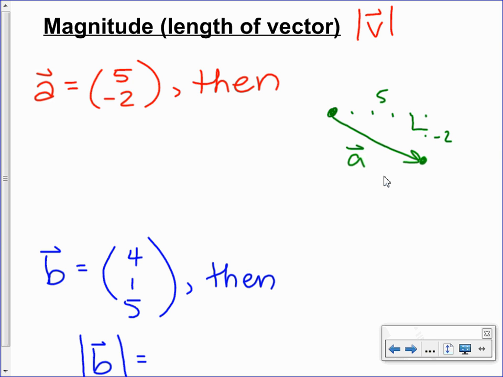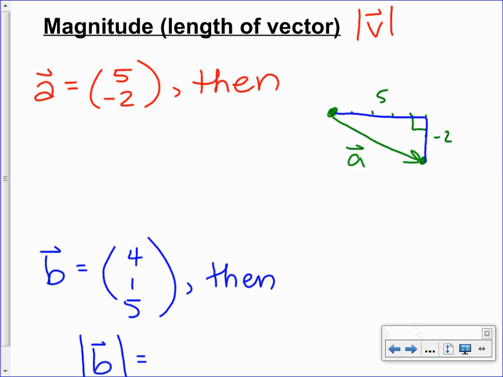So to find the length, isn't that a right triangle? To find the length of vector A, isn't that just a squared plus b squared equals c squared? So it's the square root of a squared plus b squared.